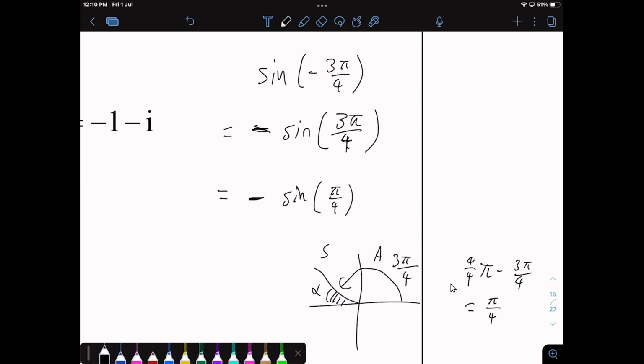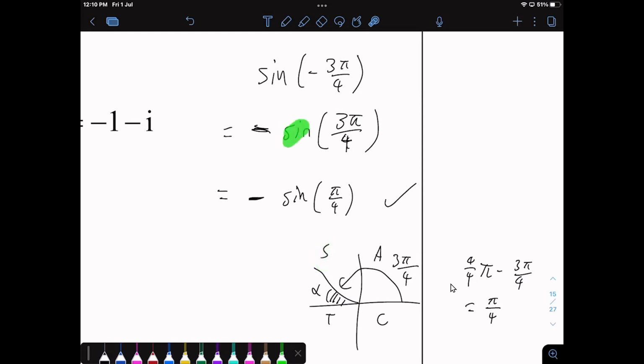Okay, let's think ASTC. It's correct. But don't need an extra negative? What's the logic here? Sine 3 pi by 4. Yes, you're saying, because it's in the sine positive quadrant. Correct. Yes, exactly.